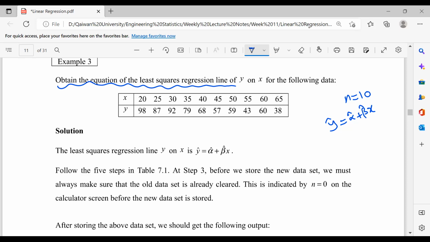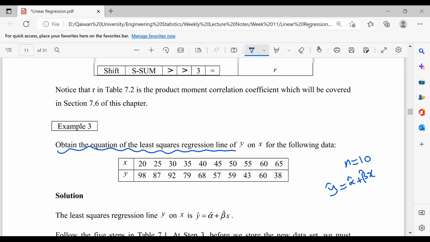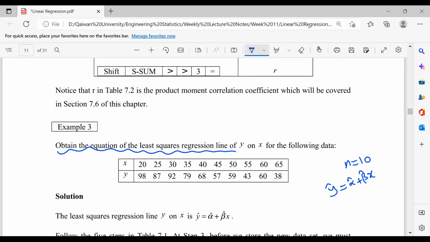Okay. In this equation, we must have alpha hat and beta hat. We must find these two only, and we can get these two by the above rules. We must first find beta hat, then alpha hat, because alpha hat depends on beta hat. First, let's find beta hat equals S sub xy divided by S sub xx.